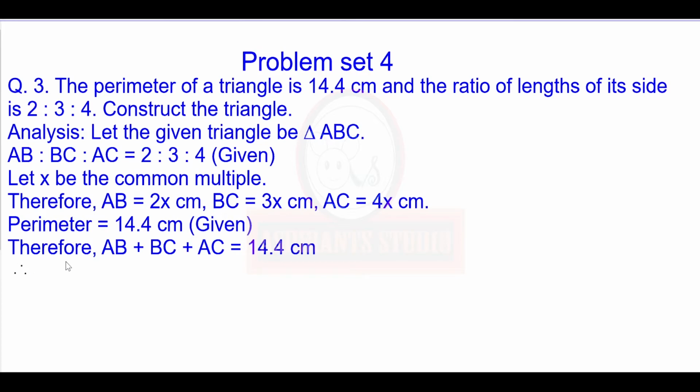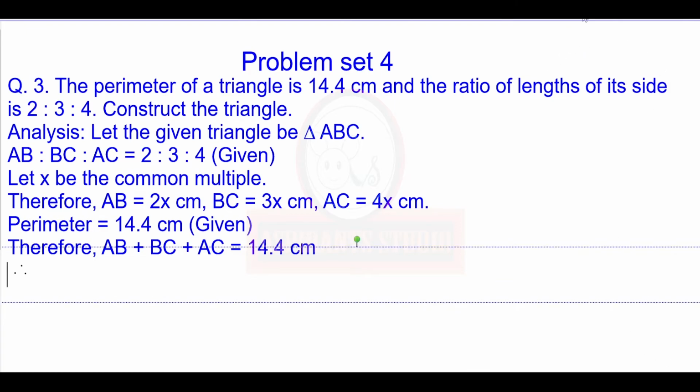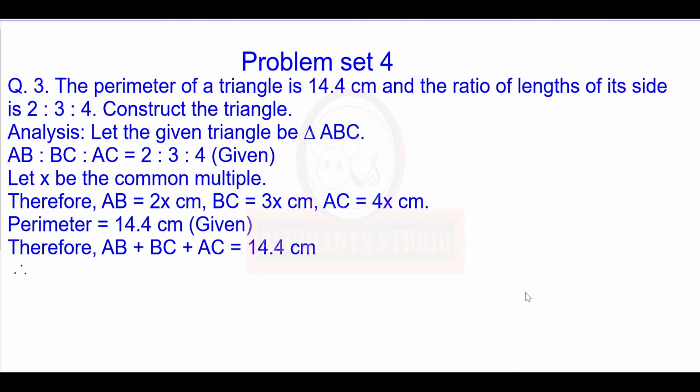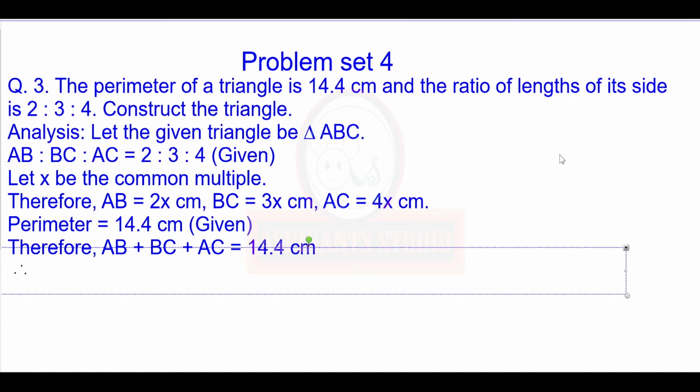We'll substitute the values here. So therefore you'll get 2x plus 3x plus 4x is equal to 14.4 centimeters.